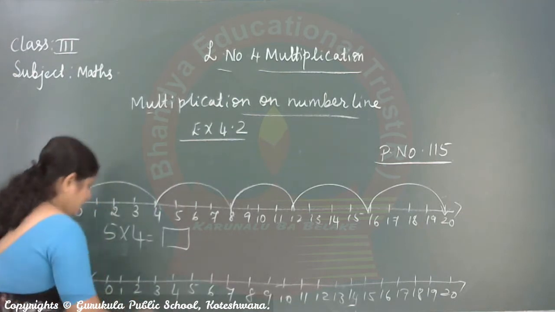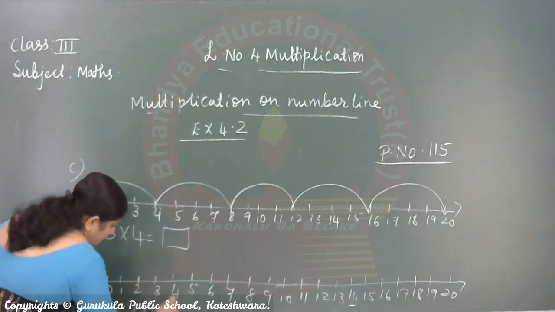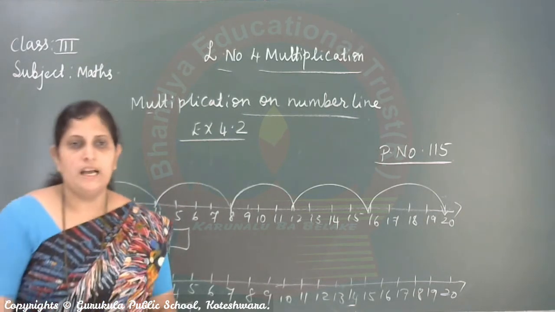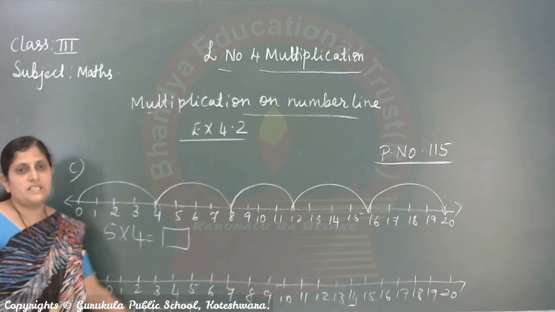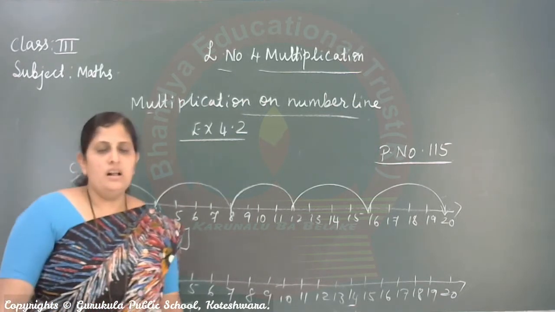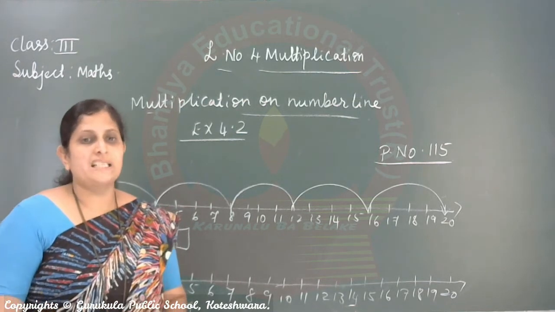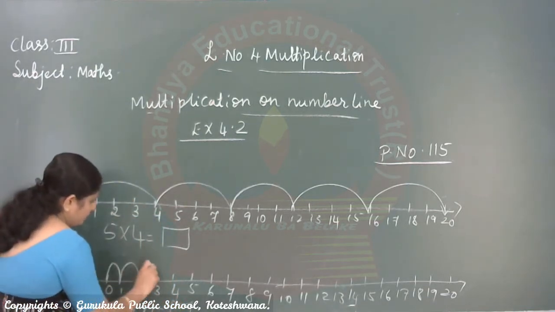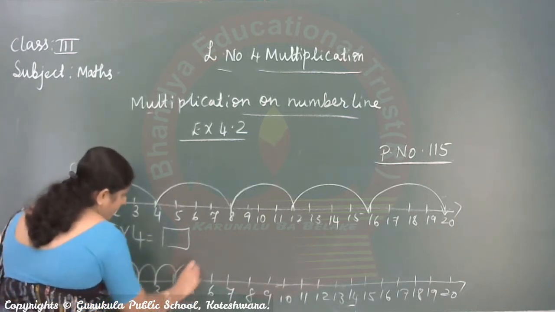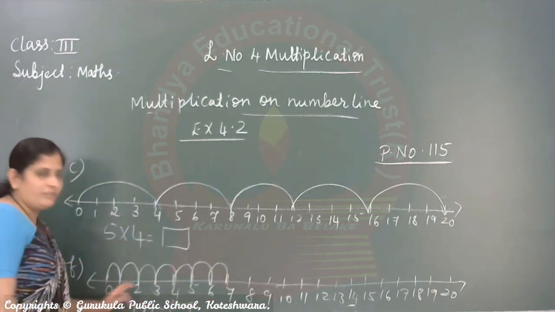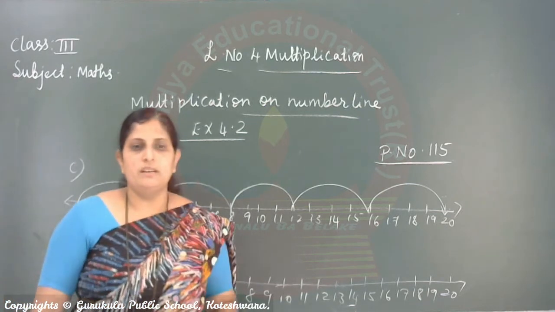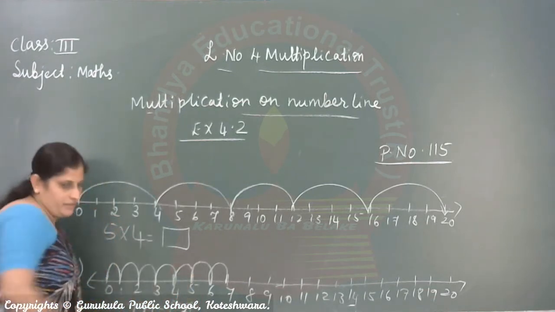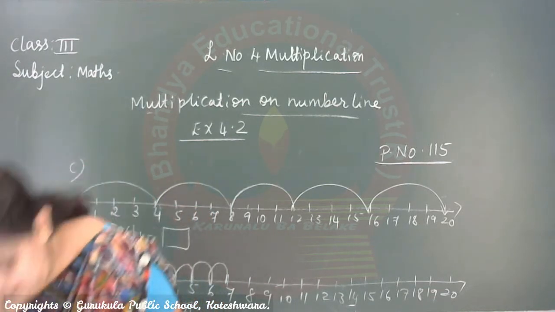So the question is 7 into 1 is equal to dash. 7 into 1. How can we represent this on the number line? We have to take 7 jumps. How many steps? We have to take 1 step. 7 jumps, 1 step. So 1, 2, 3, 4, 5, 6, 7 jumps. For each step we have to take one jump. Correct? So that will be your 7 ones are 7.